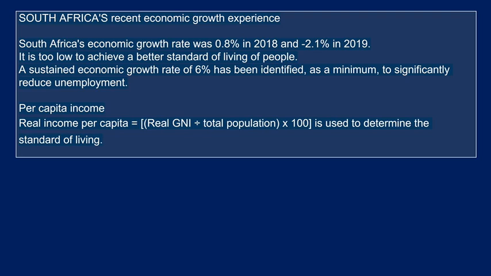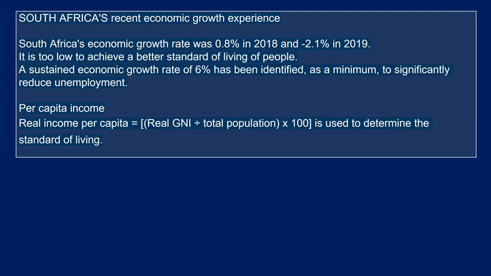A sustained economic growth rate of 6% has been identified as a minimum to significantly reduce unemployment. And if I recall, at the beginning of this year, experts were saying that we're looking at a 3% growth rate. So it's still not enough in order to reduce unemployment.